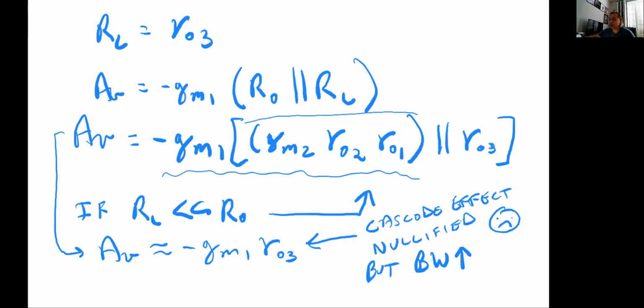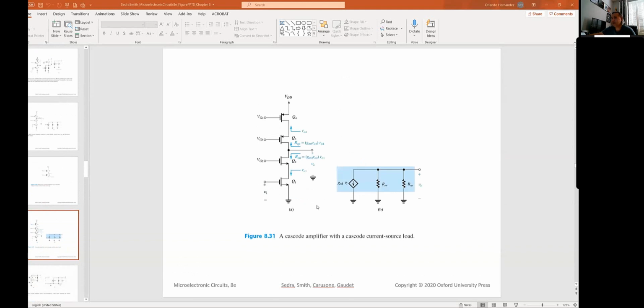So if you look at figure 8.31, here I have my original Cascode. Those are Q1 and Q2. And then I have a PMOS load, or a load made out of two PMOS with cascoding. Okay?